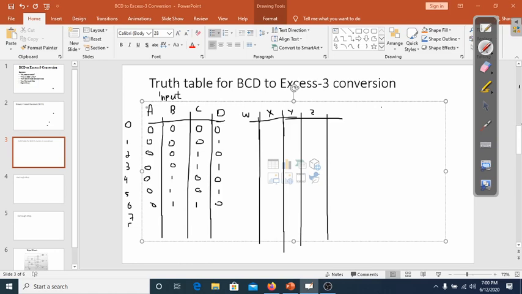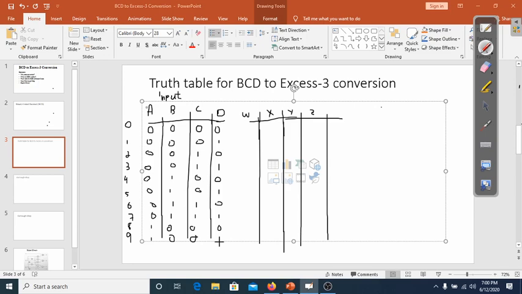For 7, it's 4 plus 2 plus 1. For 8, this is 1 0 0 0. For 9, I can write 1 0 0 1.